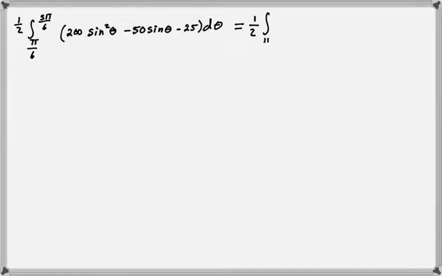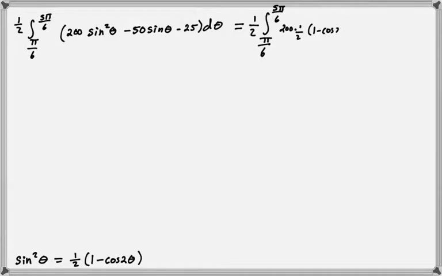So there's what we had just a moment ago. So this is equal to 1/2 integral from pi over 6 to 5 pi over 6. And we're going to use our power reducing formula. Sine squared of theta can be rewritten as 1/2 times 1 minus the cosine of 2 theta. So 200 times 1/2, 1 minus the cosine of 2 theta, minus 50 sine of theta, and minus 25.